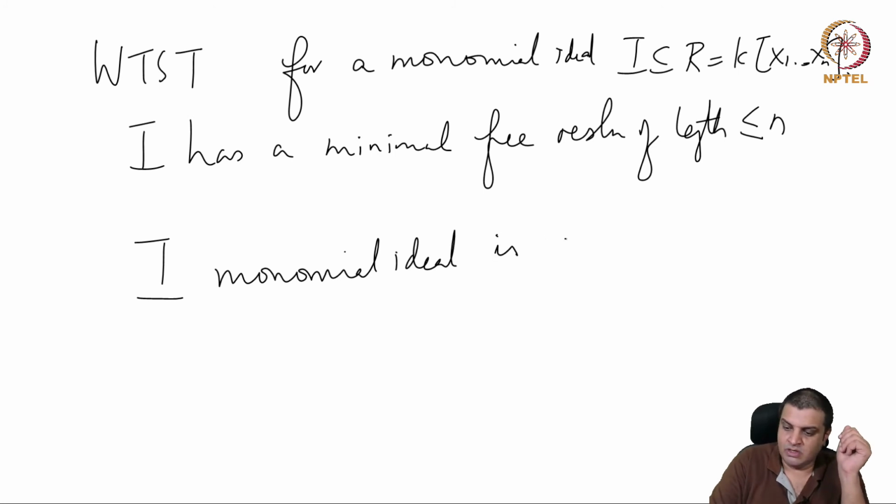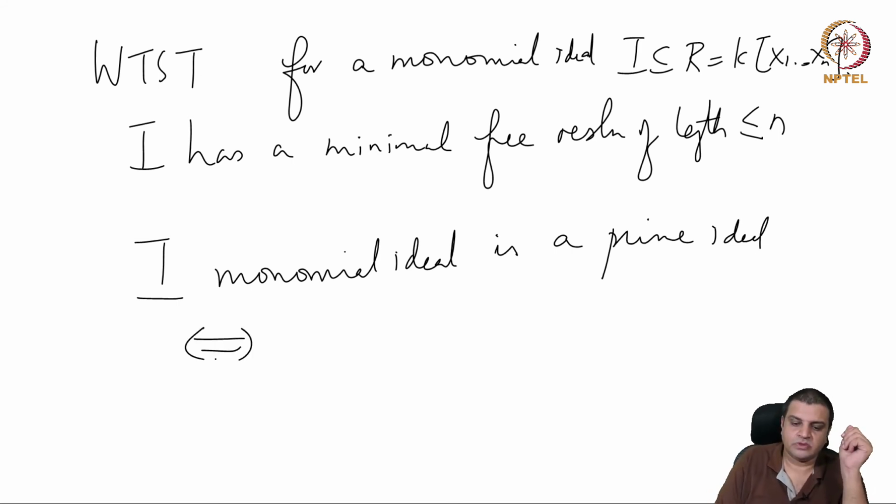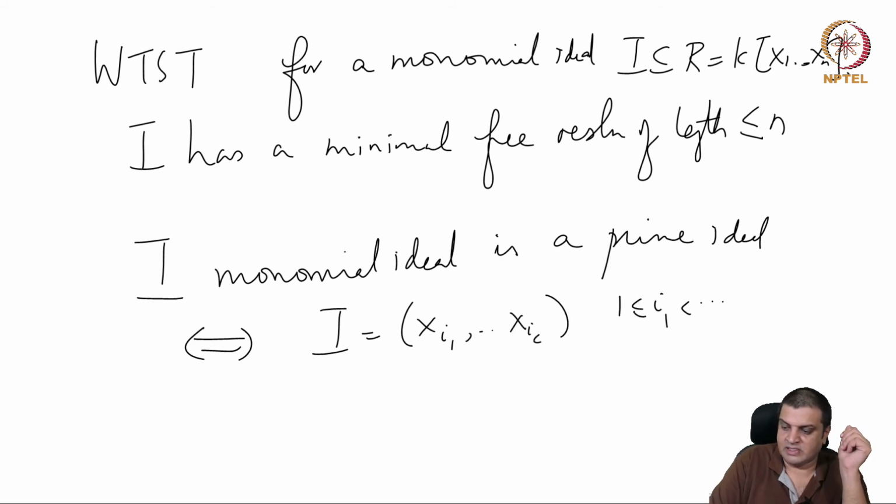So I is a prime ideal if and only if I is generated by something of the form x_{i1} through x_{ic}, with 1 less than or equal to i1 less than ... less than or equal to ic less than or equal to n.